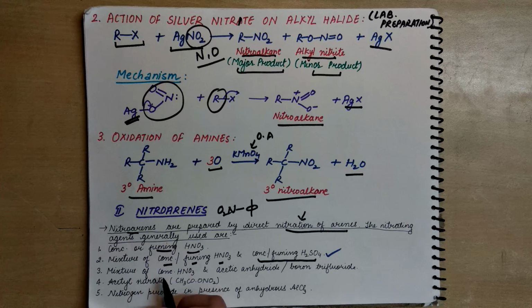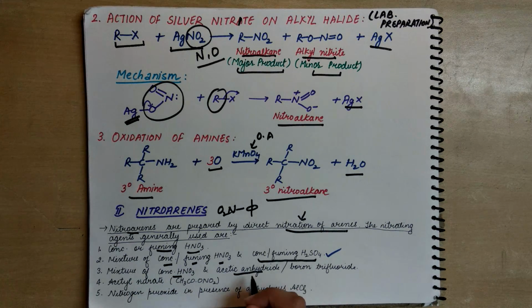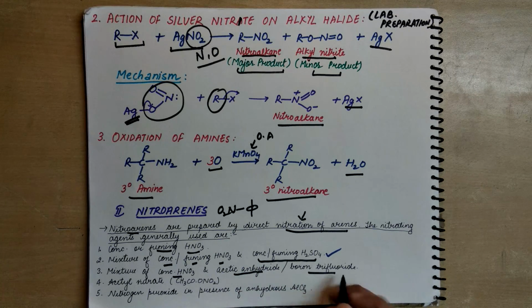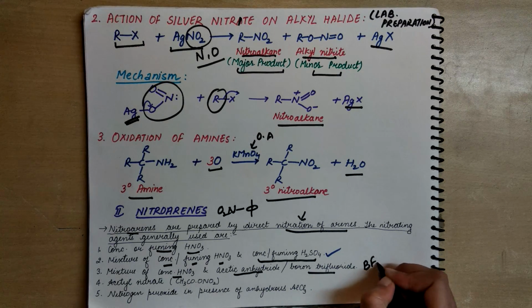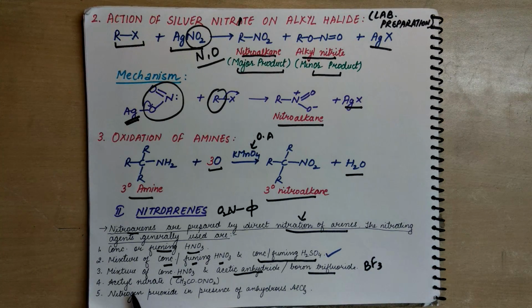Third is the mixture of concentrated nitric acid and acetic anhydride, or we can use boron trifluoride instead of acetic anhydride. Boron trifluoride is BF3. Then we have acetyl nitrate, CH3COONO2, and the last, nitrogen peroxide in the presence of anhydrous aluminium chloride, AlCl3.